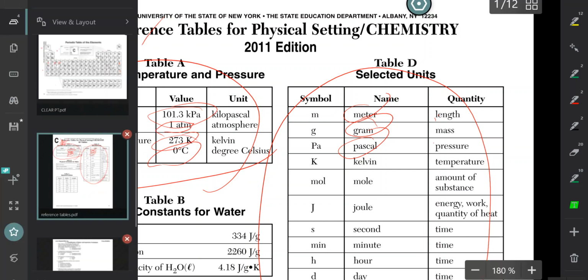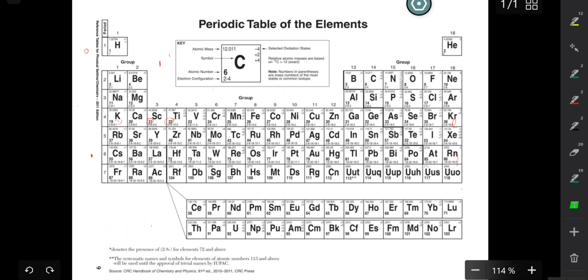At standard conditions, most of the elements are solids. However, mercury, right here, is the only liquid metal at standard temperature and standard pressure. Mercury used to be used in thermometers, no more. And bromine is the only liquid non-metal at standard temperature and standard pressure.